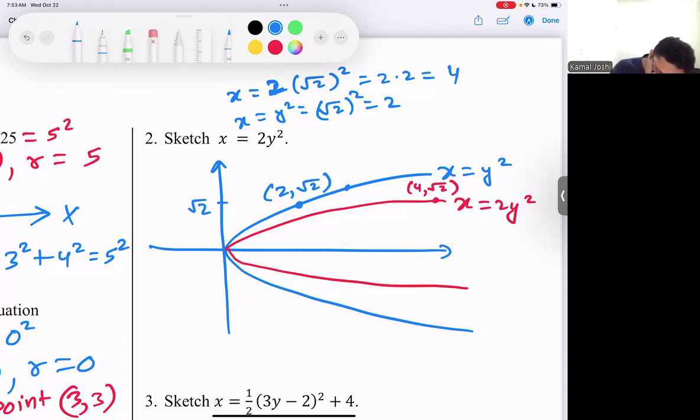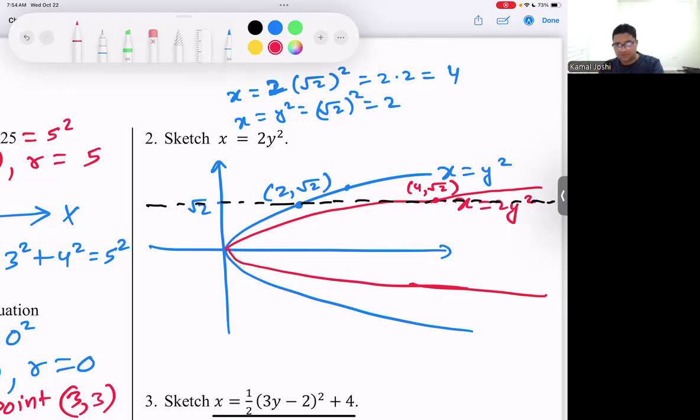Now to indicate the fact that it's the same y value, y height, I'm going to draw this dotted line like that. And of course my graph will continue above like that. At that height, y value is root 2. In x equals y square, the x value will be 2, so 2 comma root 2. In x equals 2y square, it will be 4. So you go to 4 comma root 2, right? So for the same y value, you have to go more to the right. So it is a horizontal stretch.